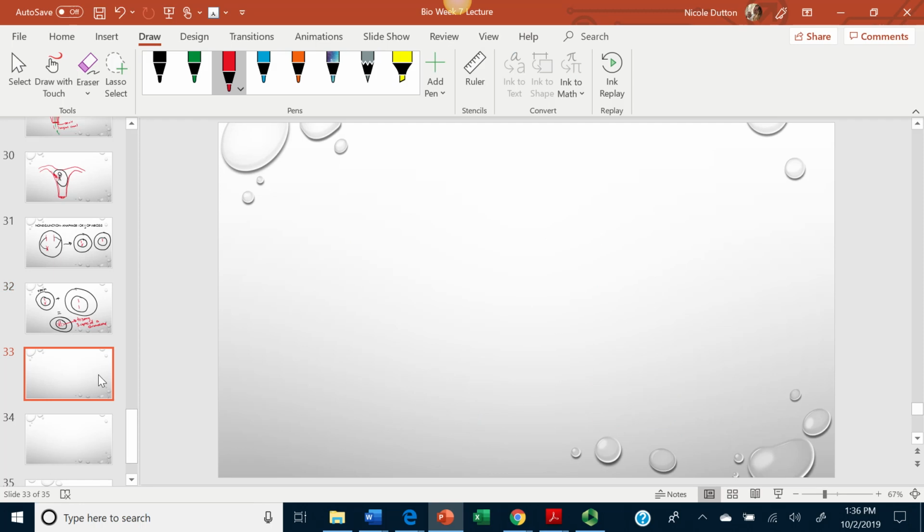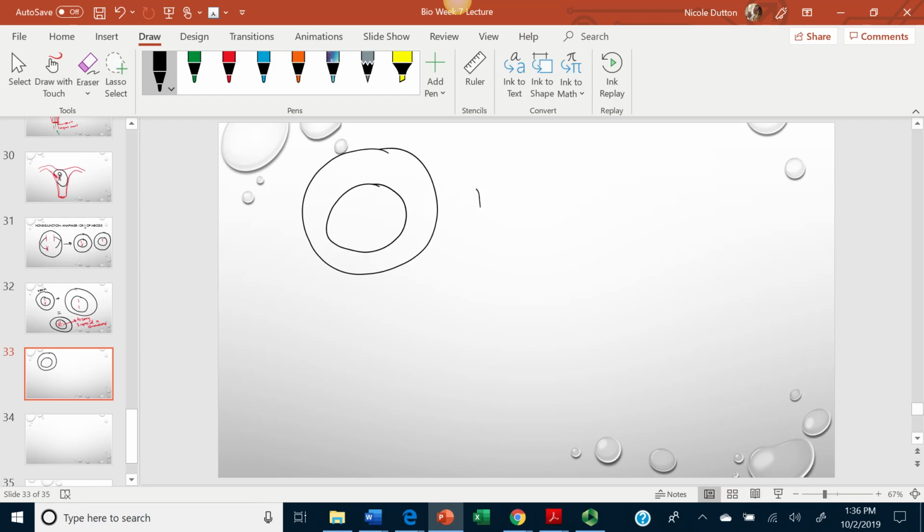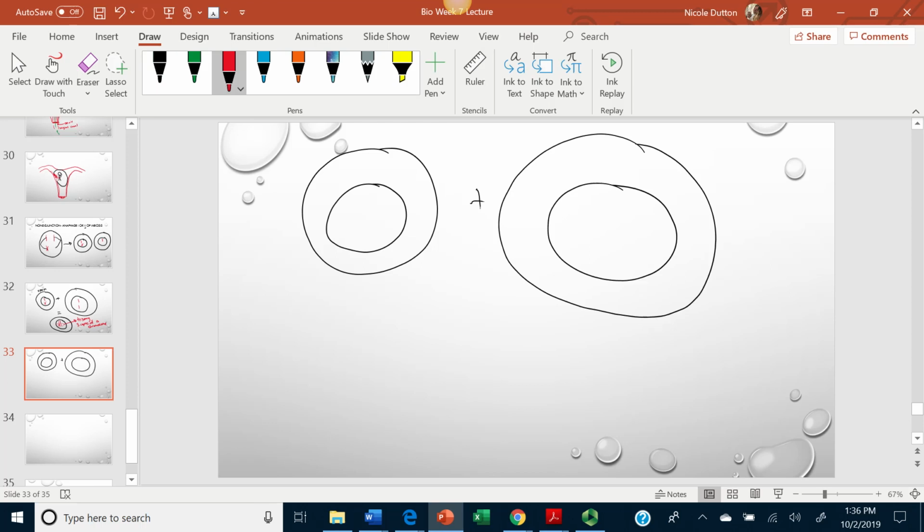Now let's use the other sperm cell in order to make a baby. So we have a normal egg and this sperm cell.